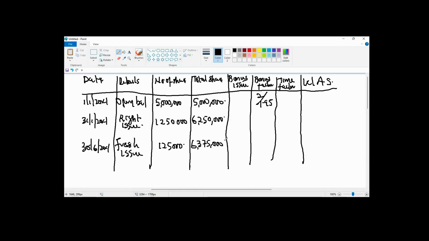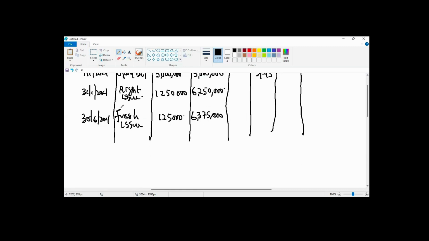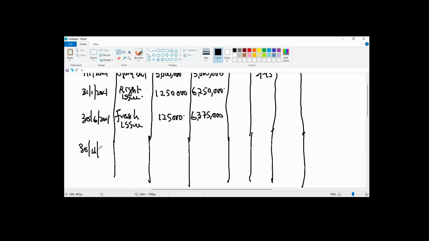Next, finally, on 30th November 20x1, the company made a 1 for 10 bonus issue.